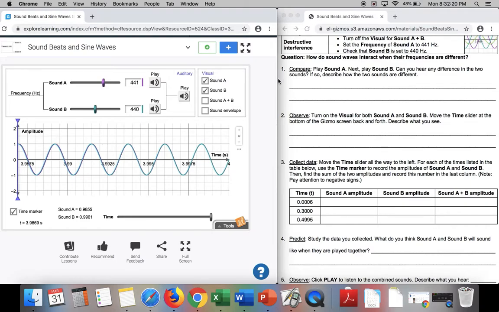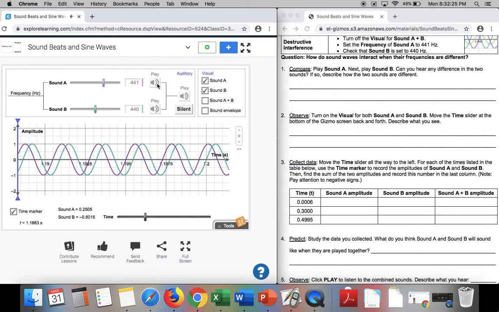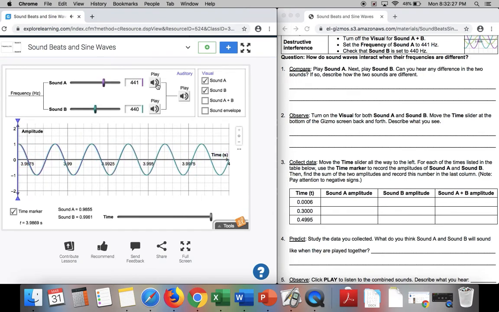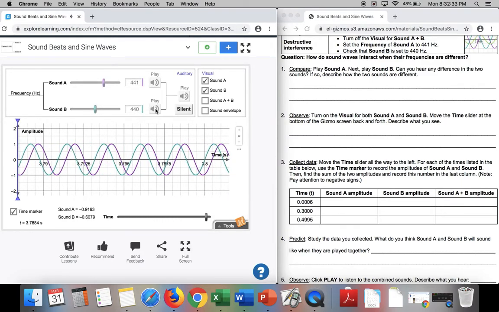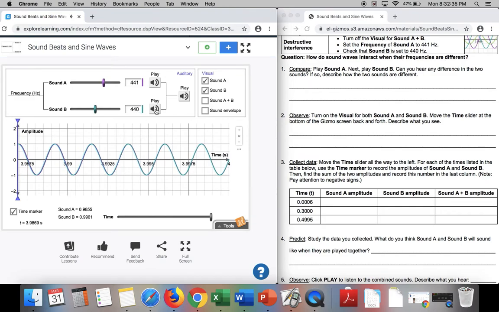So I'm going to play sound A. And then I'm going to play sound B. You may have to do this a few times to really tell a difference, if there is one. Make sure you play those and then write a sentence right here to describe what you hear in terms of the difference in sounds.